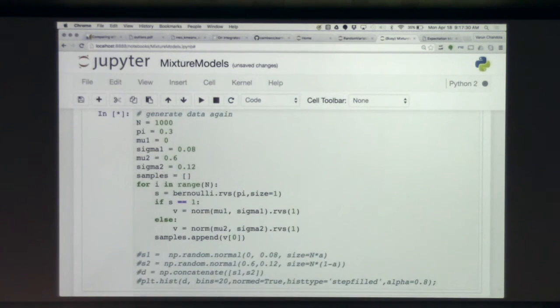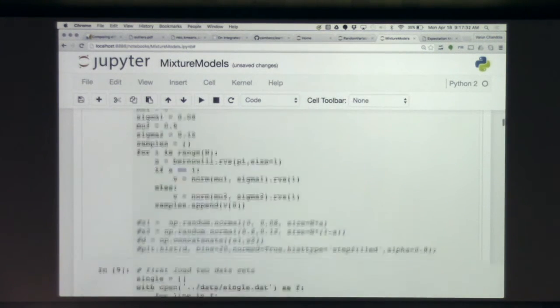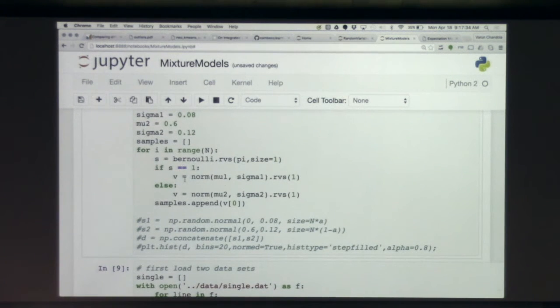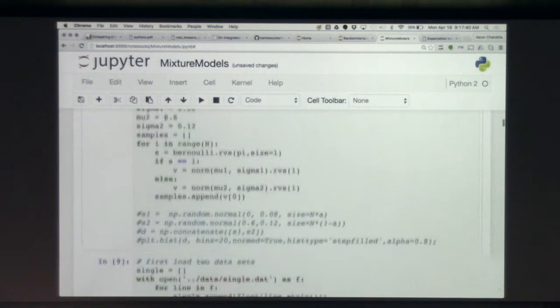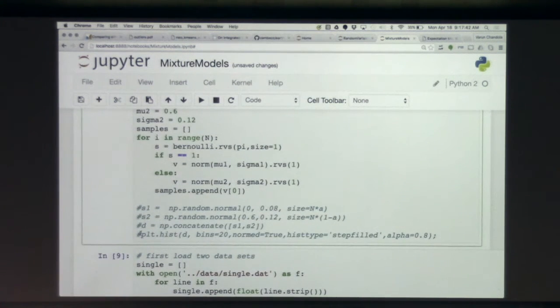So what will happen now is this process will run 1,000 times. Every time it chooses one component of the mixture based on this probability, and then it does that. So now if I plot the histogram for this one, I just want to see what is the empirical distribution of this.